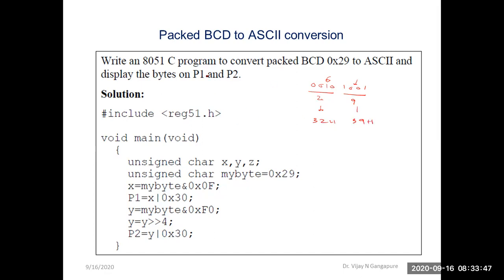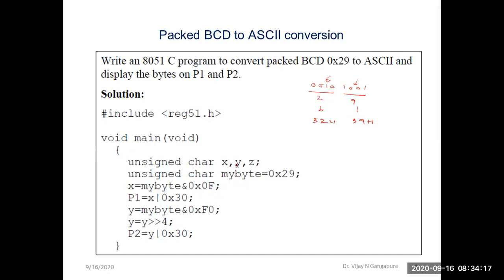We have to output this 32H and 39H to port 1 and port 2. The program is written very simple. #include <reg51.h>, void main(void). I'm declaring three variables x, y, and z by using the first declaration statement. Unsigned char is the data type, and variable names are x, y, z.